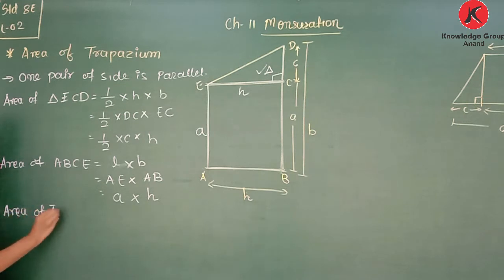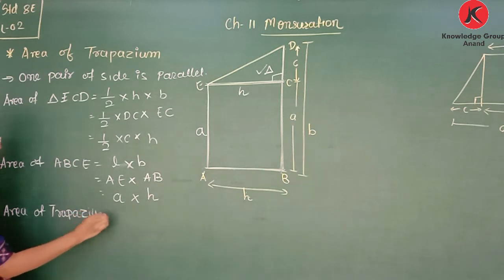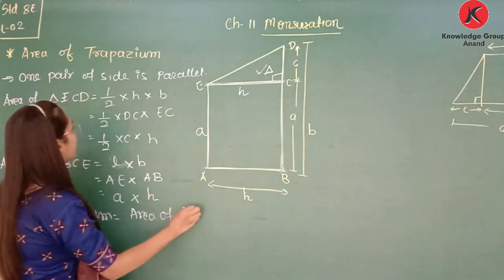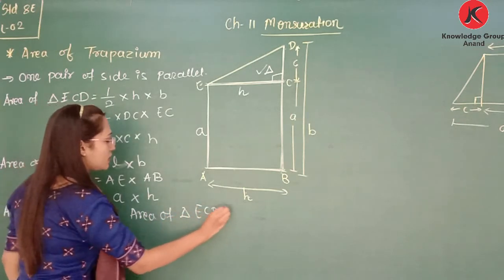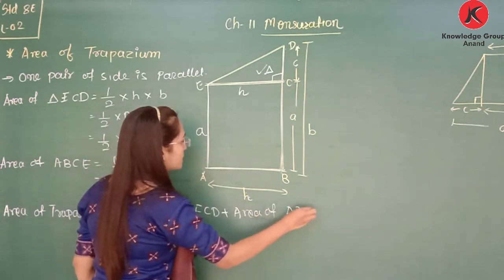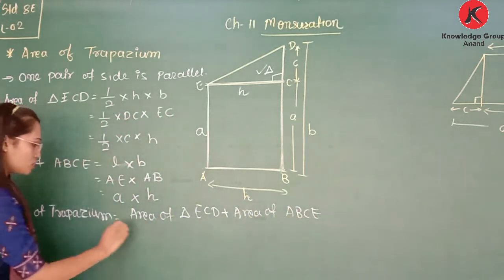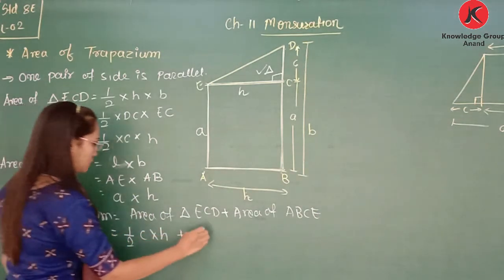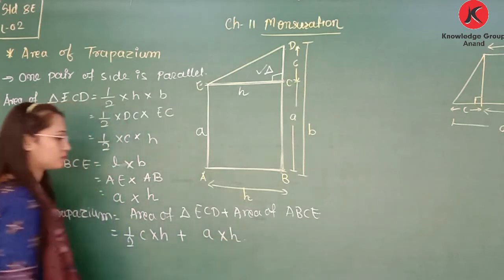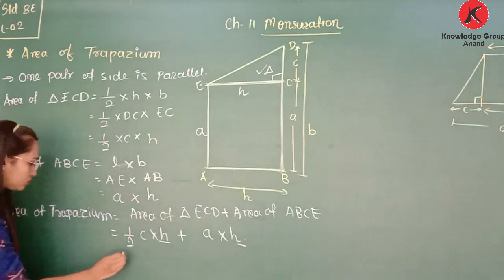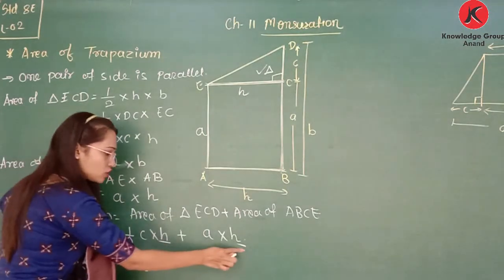Area of trapezium is equal to area of triangle ECD plus area of rectangle ABCE. So that is 1 by 2 C multiplied by H plus A multiplied by H. Now we take H common, because here we have H and here it is also.